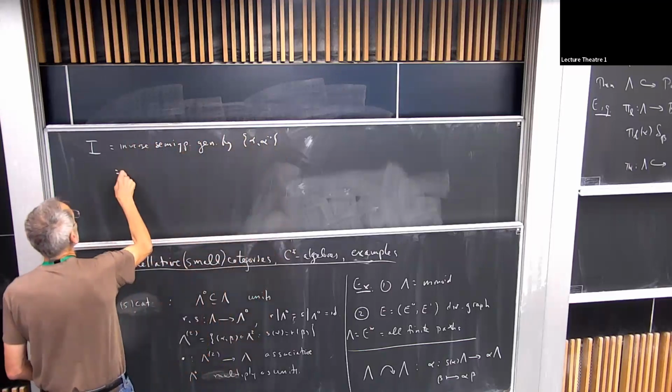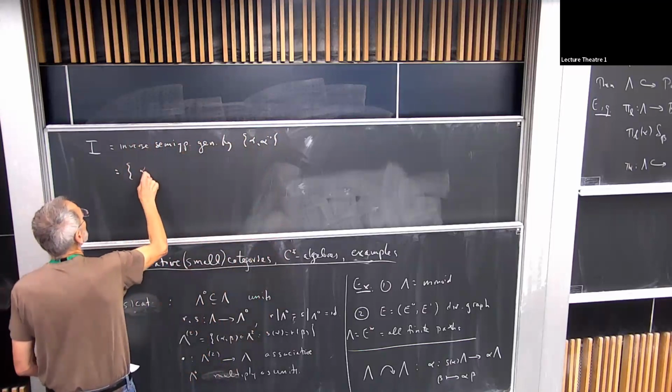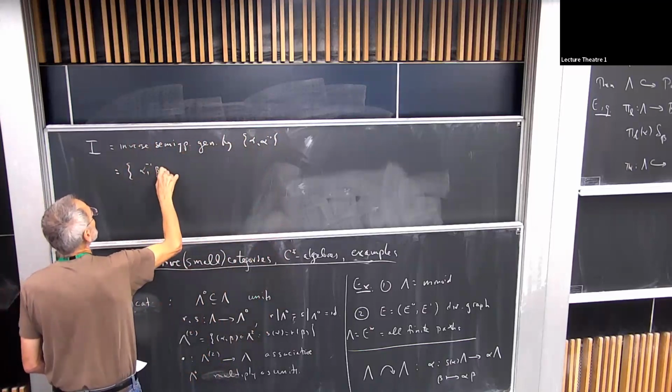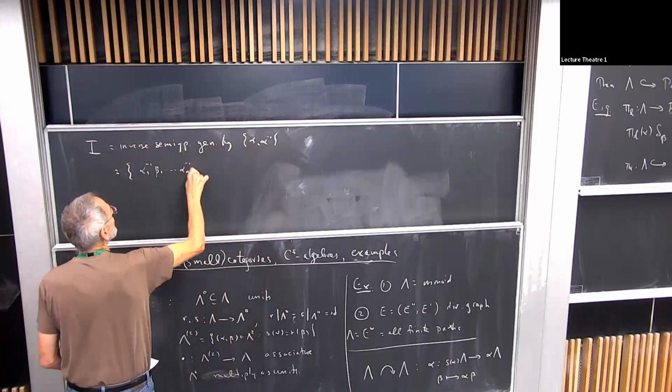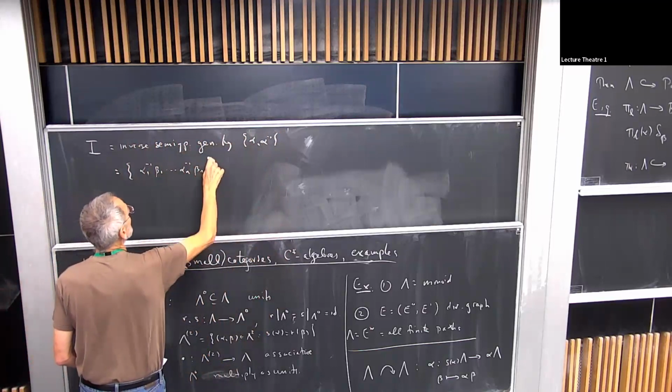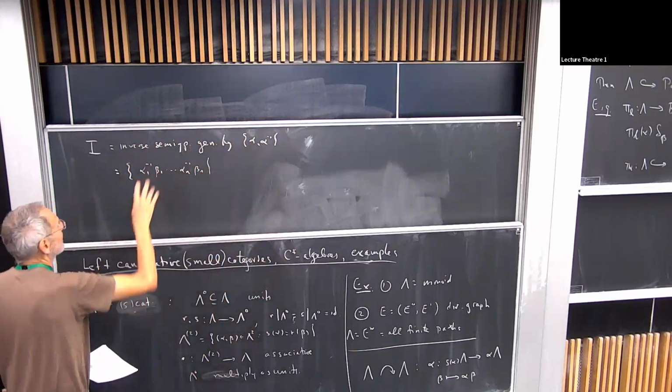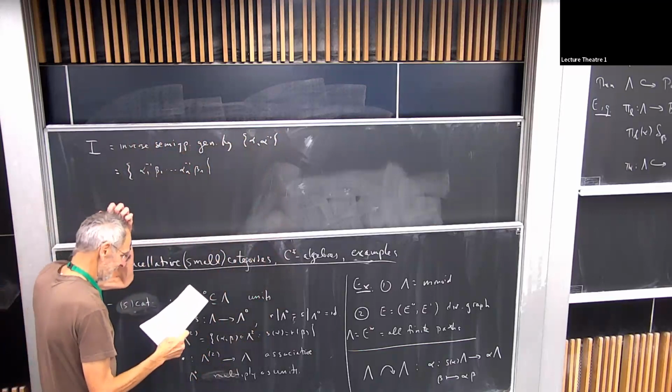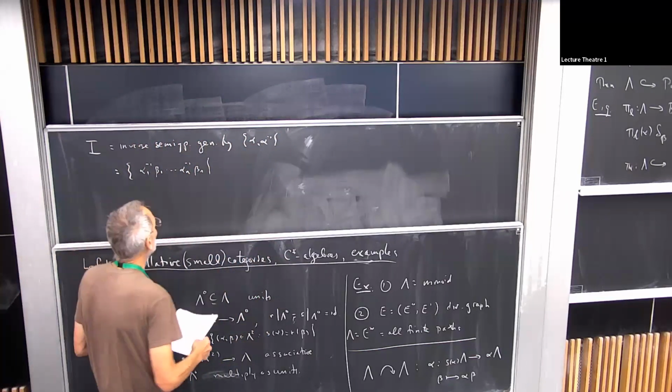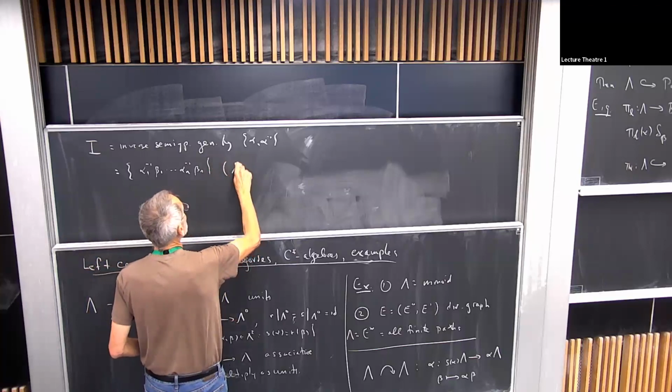A typical element of this looks like alpha 1 inverse beta 1 up to alpha n inverse beta n, for various elements of lambda. Right, so now I know the name for this is the left inverse hull.